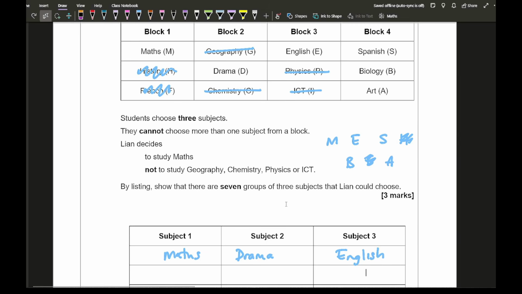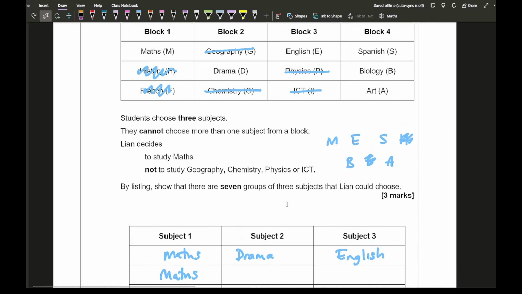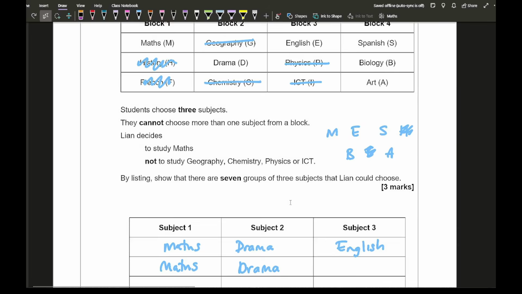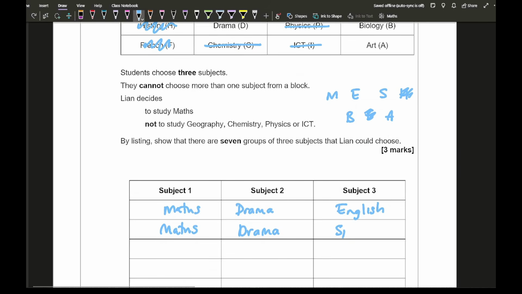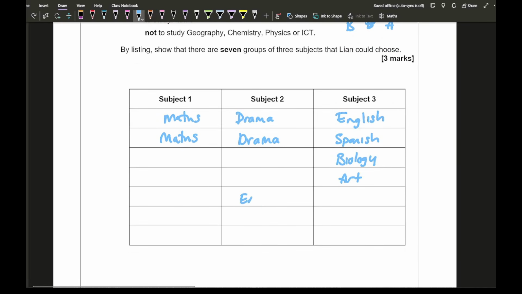Then we've got a combination of maths. And then we're either going to do drama. And then it's going through the 3 options. So we've got Spanish. We've got biology. And we've got art. And then from block 3 we could then choose, so we could then have English and then the 3 different options of Spanish, biology and art.